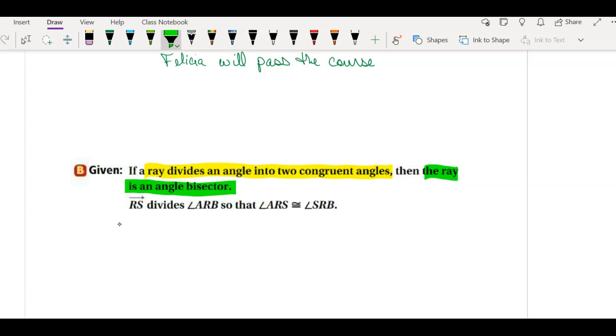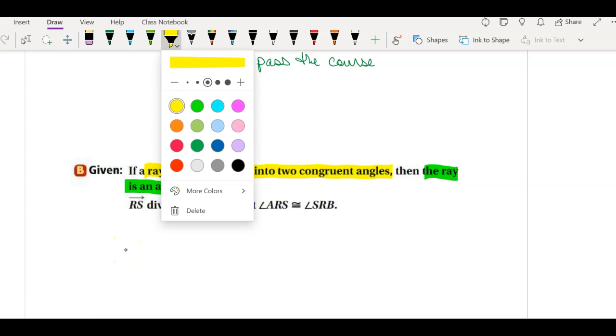So now let's look at our statement. We have ray RS divides angle ARB so that angle ARS is congruent to angle SRB. So a ray divides an angle into two congruent angles. So that is what this says.